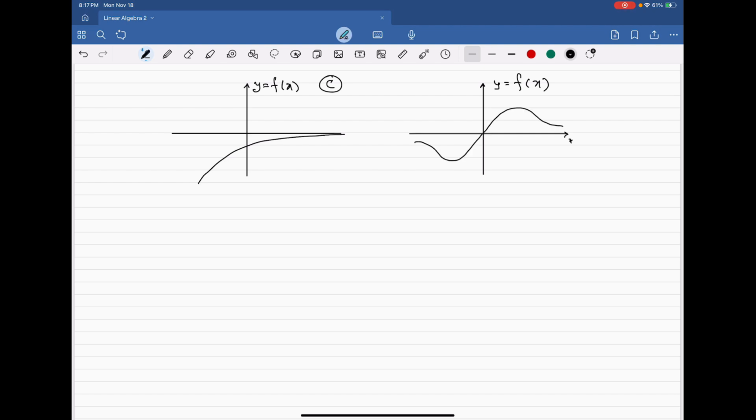Please try to find out the equations for the graphs given. Give some work to your mind, think over and find out.